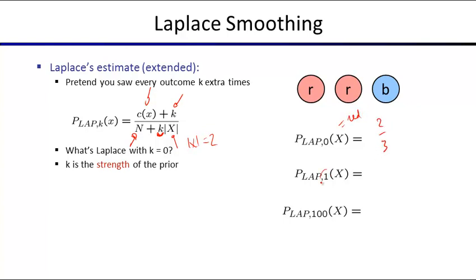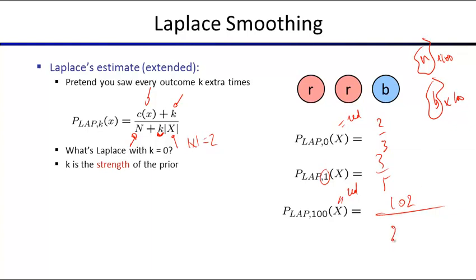If you pick 1, that's what we had on the previous slide. We had a red that was fake and a blue that was fake, and we had 3/5. If we pick 100, then we'd have this 100 times, and this one 100 times. We'd end up with 102 red over a 203 total.